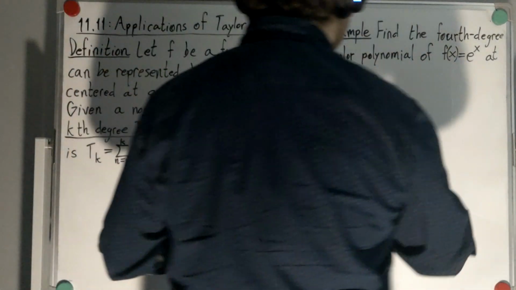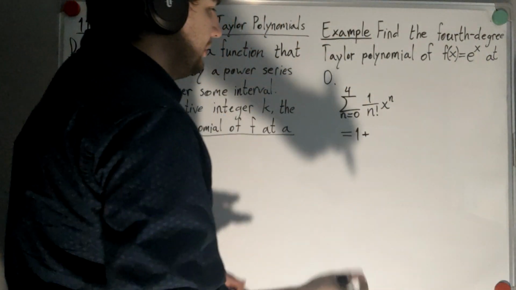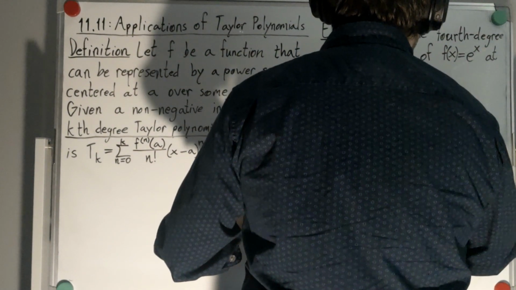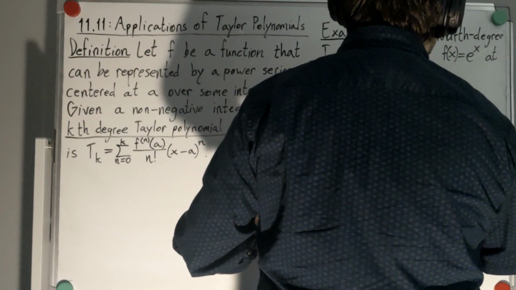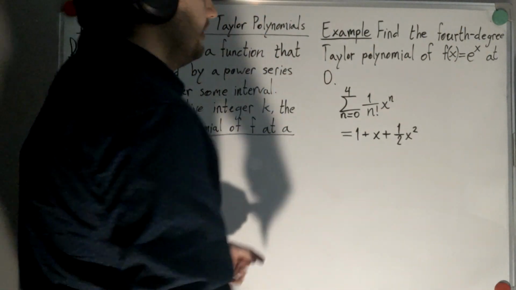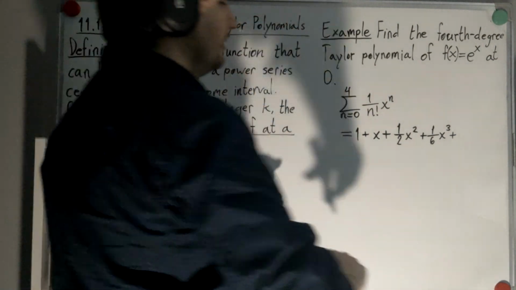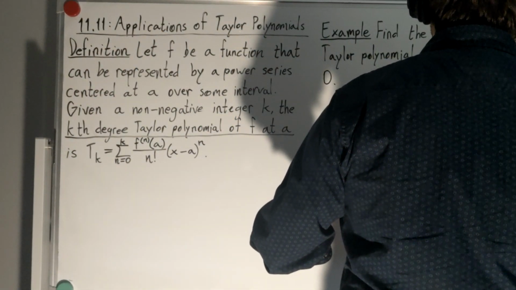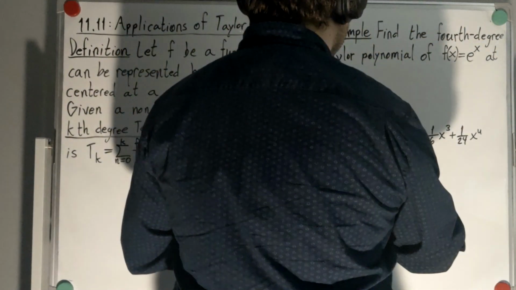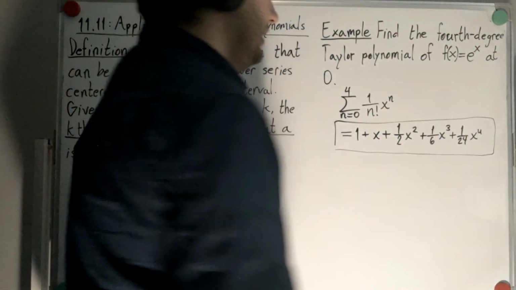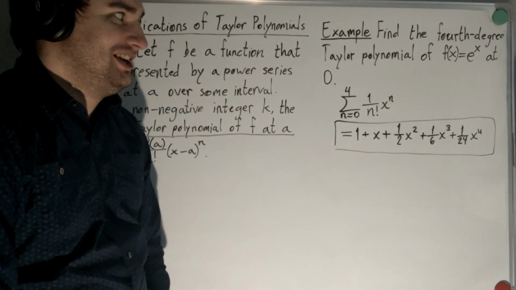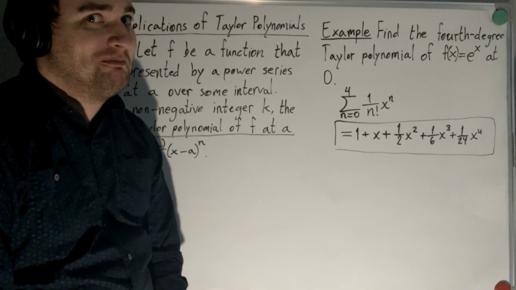This ends up being, let's see, 1 over 0 factorial times x to the 0, so that's 1, plus 1 over 1 factorial x to the 1, so that's x, plus 1 over 2 factorial x to the 2, so that's 1/2 x squared, plus 1 over 3 factorial x to the 3, so that's 1/6 x cubed, plus 1 over 4 factorial x to the 4th, so that becomes 1 over 24 x to the 4th power. And yeah, that's it. That's the fourth degree Taylor polynomial of e to the x at 0.